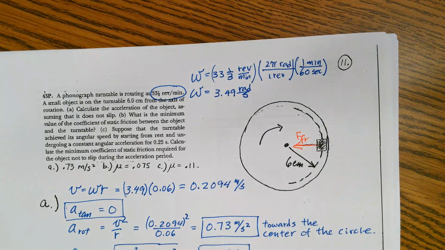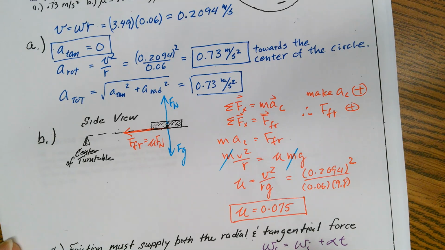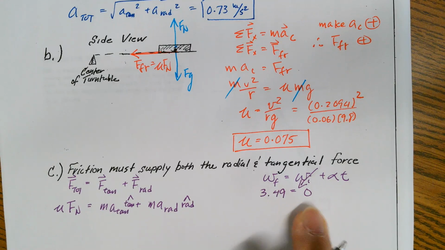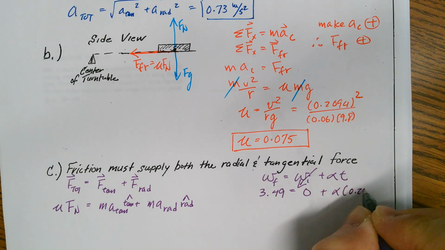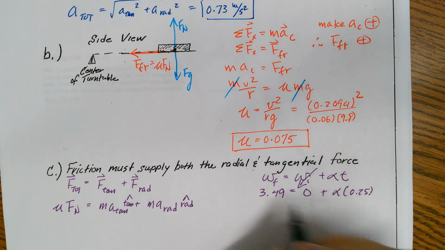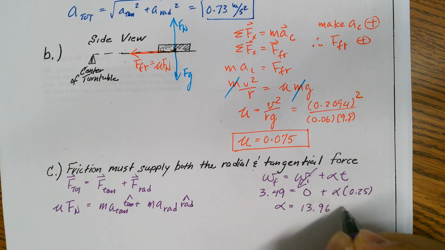Does that make sense? So 3.49 radians per second is equal to, initially we start at rest, so this is 0, plus alpha times 0.25 seconds. So what's my alpha? If you divide this by 0.25, I get something like 13.96 radians per second squared.